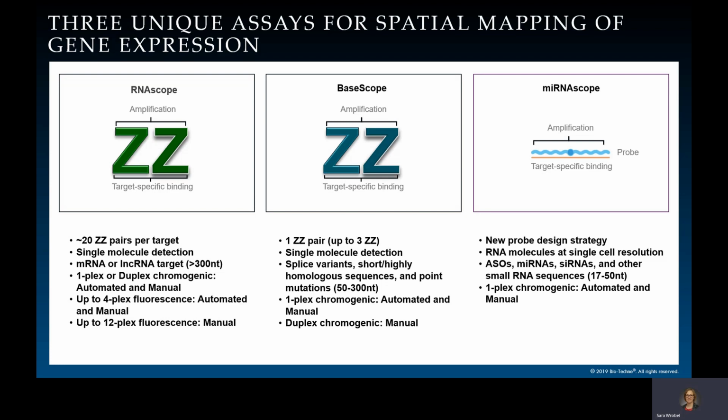This includes miRNAs, siRNAs, multiple other small RNA species that are around in the cellular environment, as well as other more novel molecules like antisense oligonucleotides, which are increasingly used in cell and gene therapy applications.